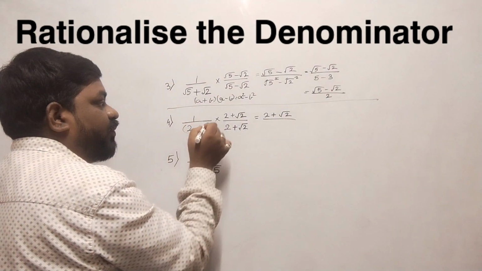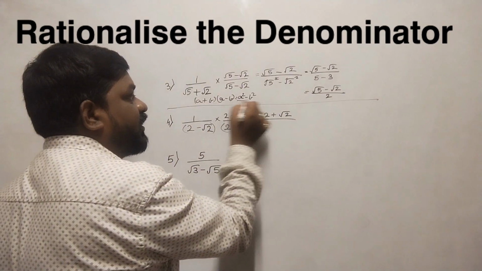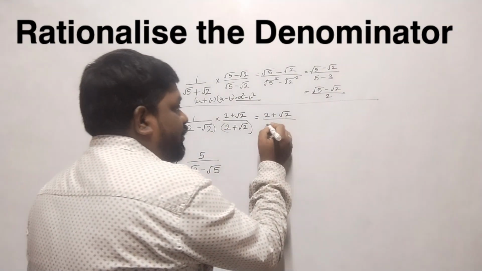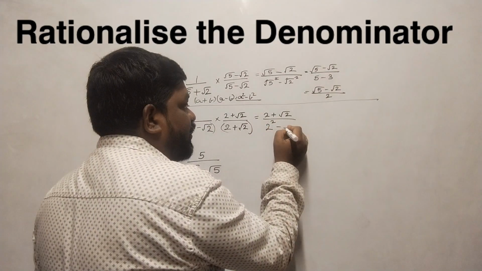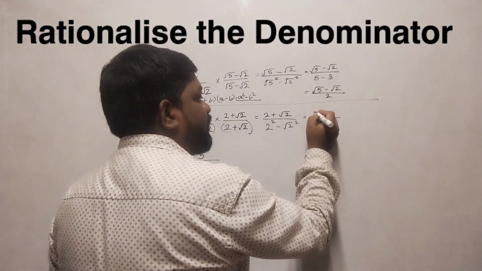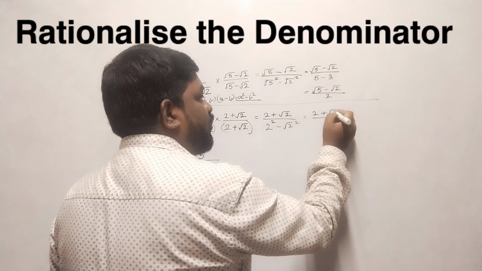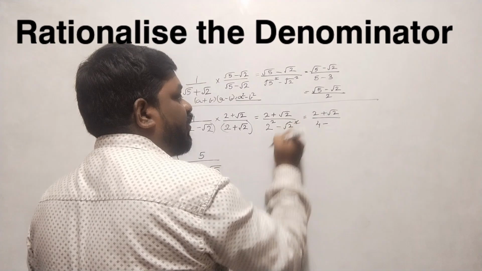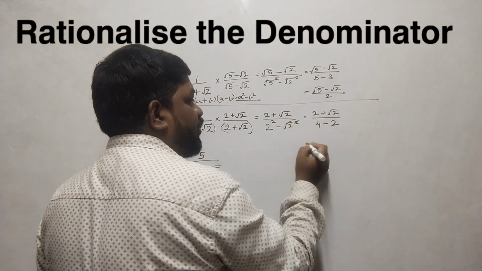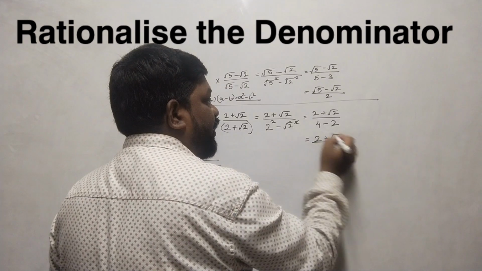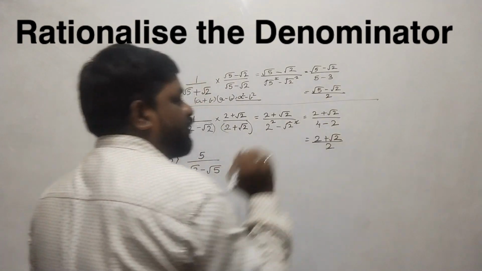Here the denominator is of the form a minus b and a plus b, that is a square minus b square. So 2 square minus root 2 square. 2 square is 4, minus 2, since square and root get cancelled. So the final answer is 2 plus root 2 by 4 minus 2, which is 2.